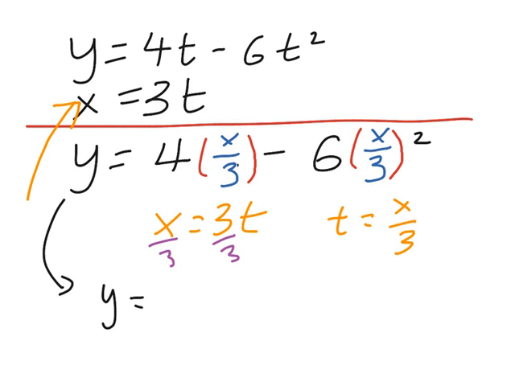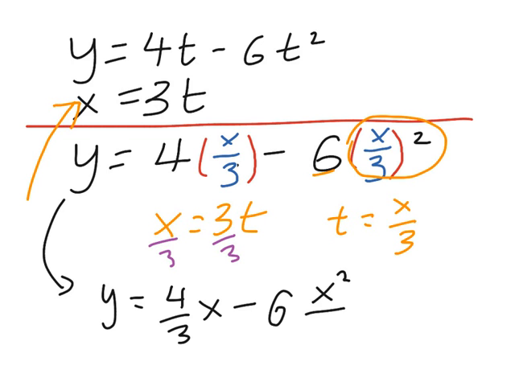Next step, simplify. That's 4 over 3 x minus, just like the last problem, we have to do the square first. We have to do this term before we multiply by 6. So to do that, x over 3 squared is x squared over 3 squared.